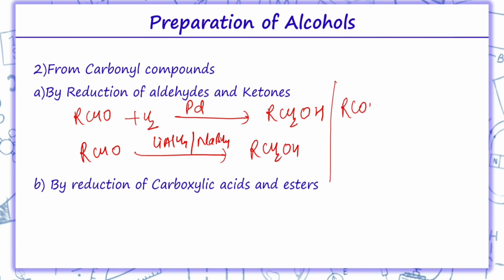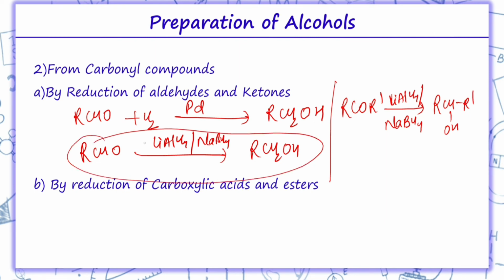Similarly if we are taking ketone over here, ketone also on reaction with LiAlH4 or sodium borohydride, we will get RCHOHR dash. That is, aldehydes on reduction form primary alcohol, ketones on reduction form secondary alcohol.